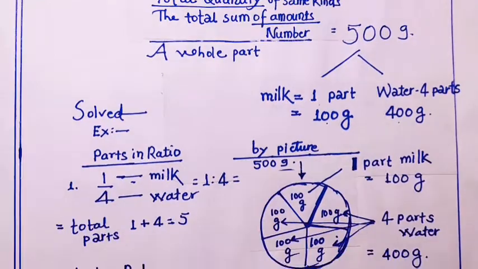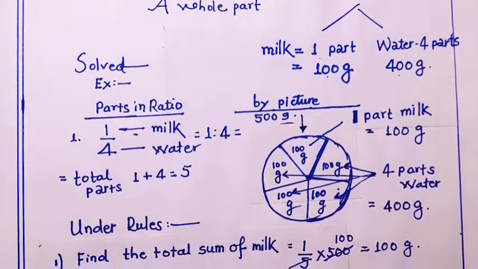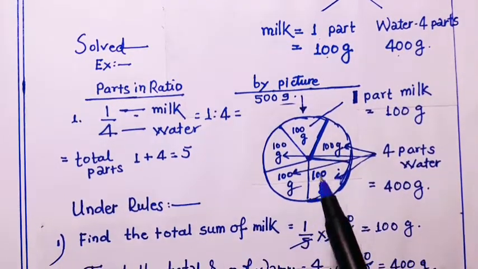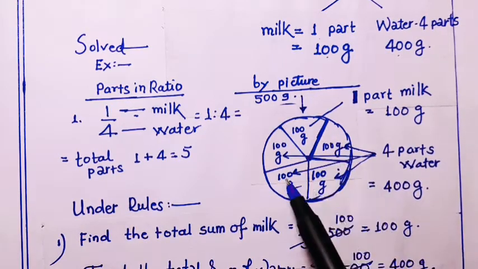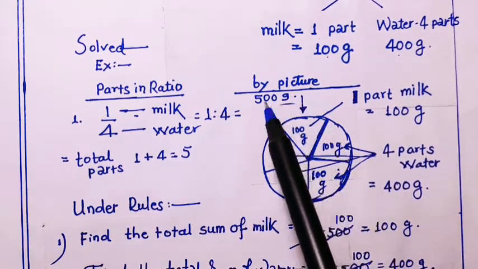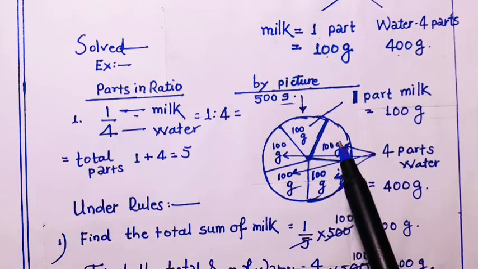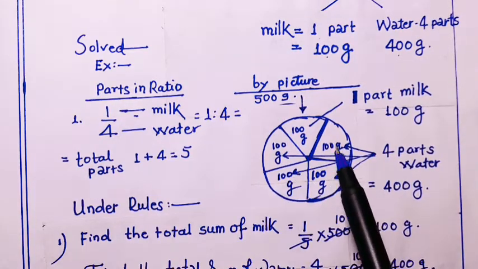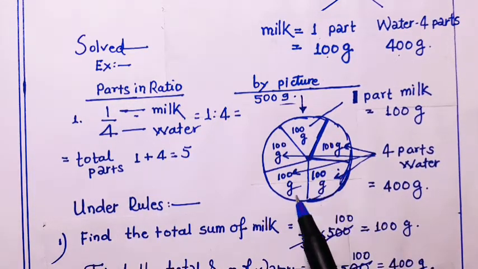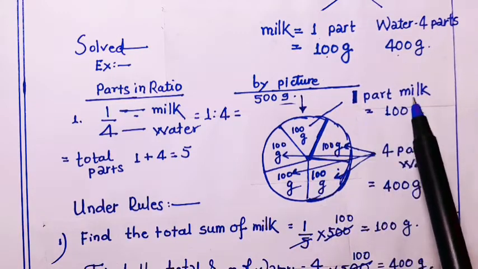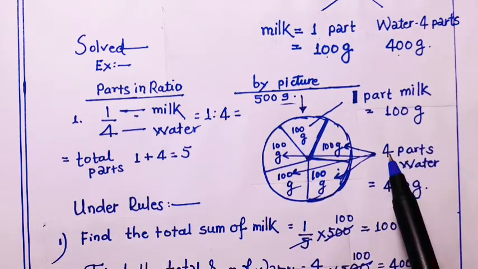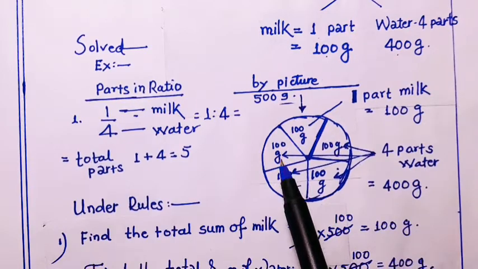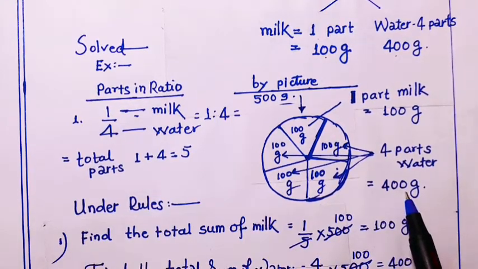We can see this in the example. This is the whole part of 500 grams, and if 500 grams is divided into 5 parts, then 1 part would be 100 grams and 4 parts would be 400 grams.